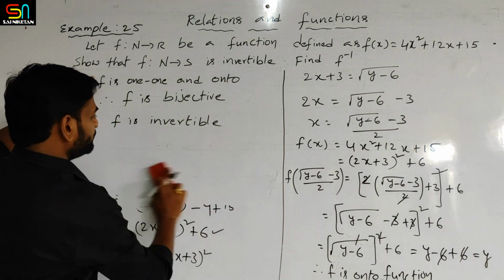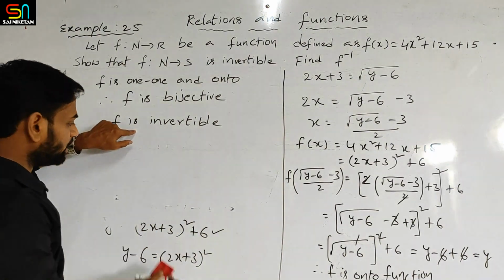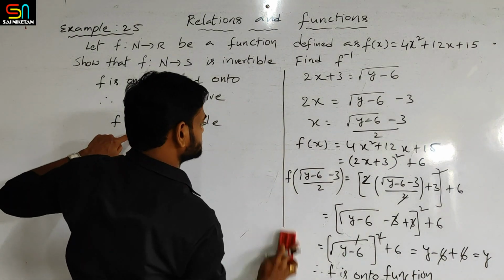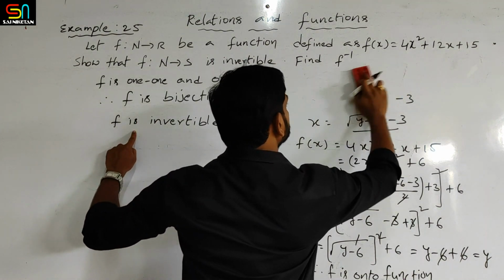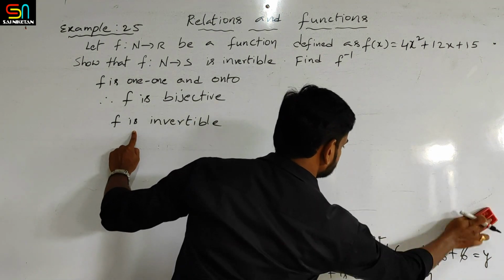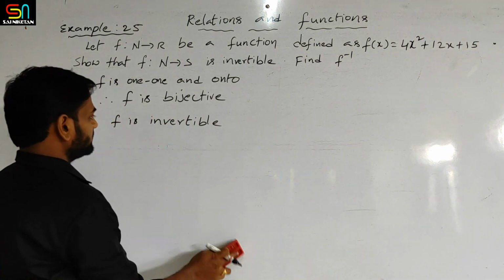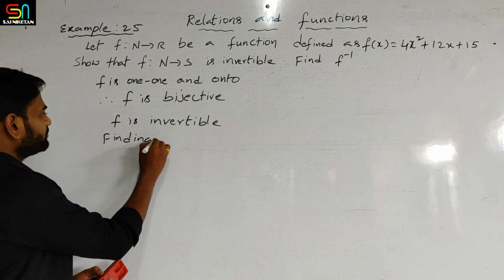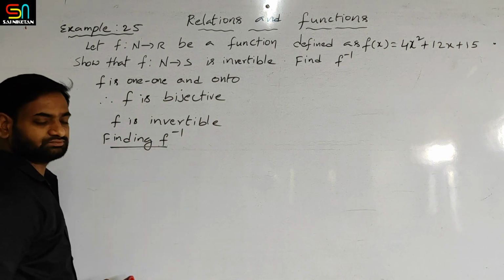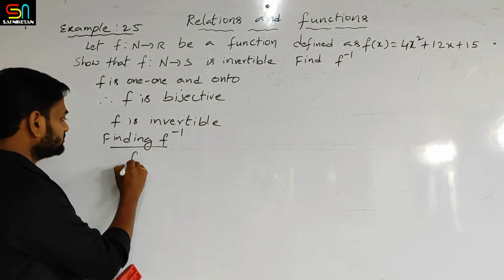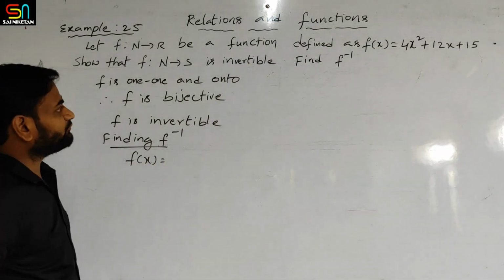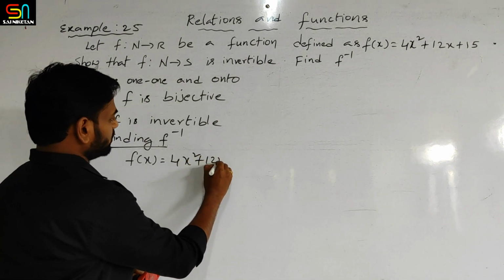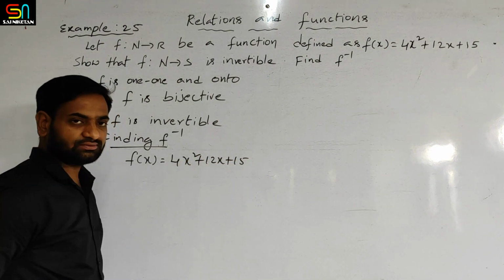Next, we proved that this one is invertible. Now we have to find f inverse. How to find f inverse? See here, finding f inverse. Now take the function f of x. F of x is 4x square plus 12x plus 15.